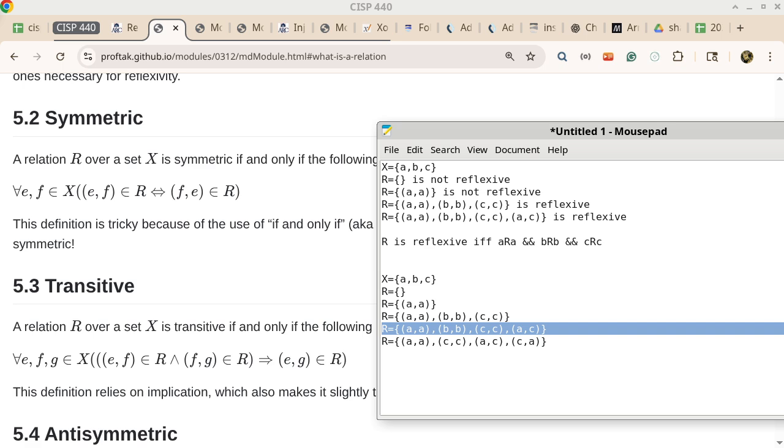What do you think? Well, I'll give you the answer. The R that I'm highlighting is actually transitive. In other words, all 27 possible cases return true.